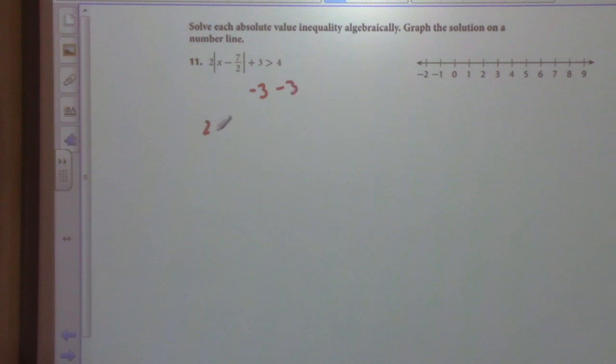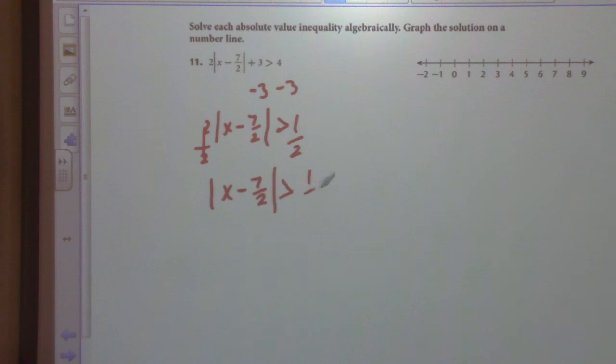So we get 2 times absolute value of x minus 7/2 is greater than 1. And then divide by 2. So we get absolute value of x minus 7/2 is greater than 1/2. Then what?